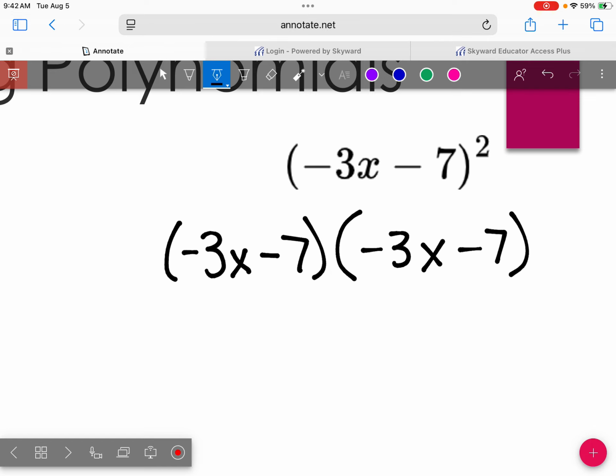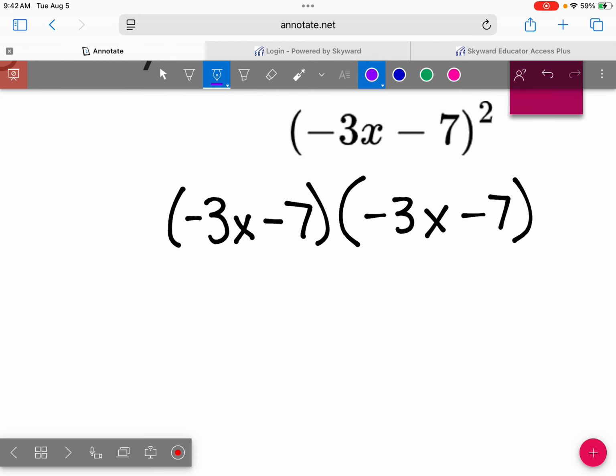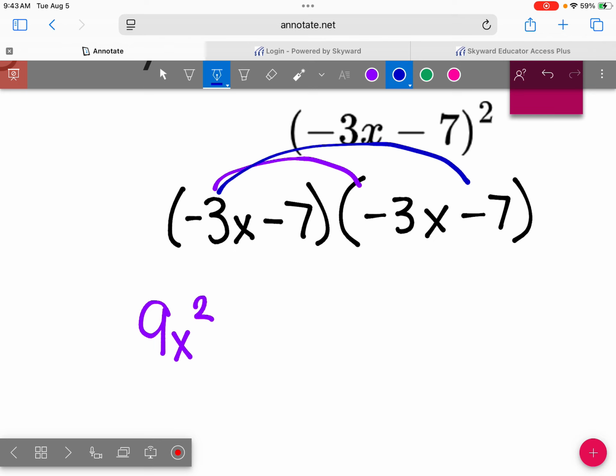There's a middle piece. Okay, after that, you can box, you can distribute, whatever floats your boat. Because you should wind up with a middle term here, because we are going to get our 9x squared that we expected here. But then we have our minus 3x times minus 7, giving us a plus 21x.